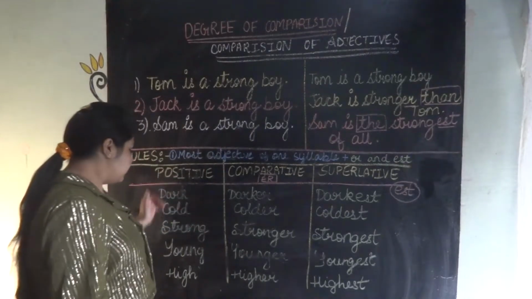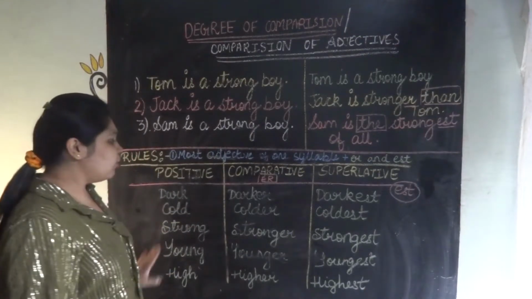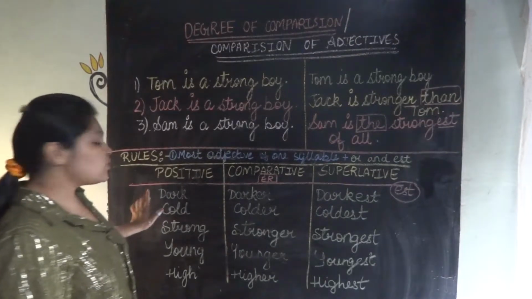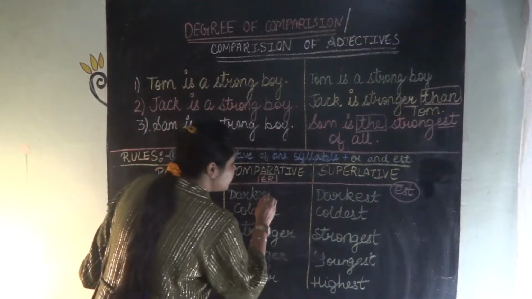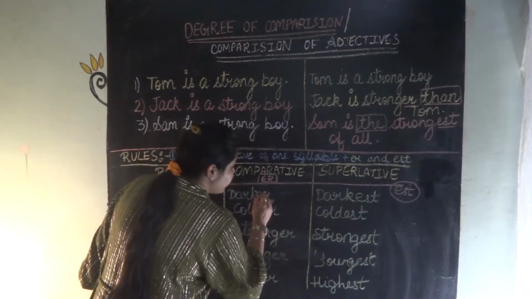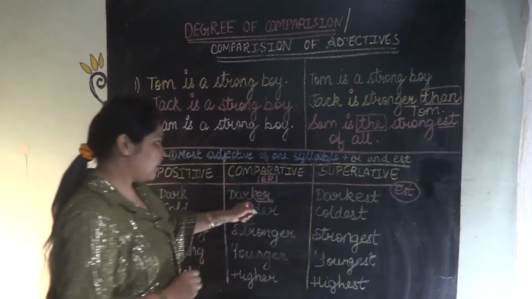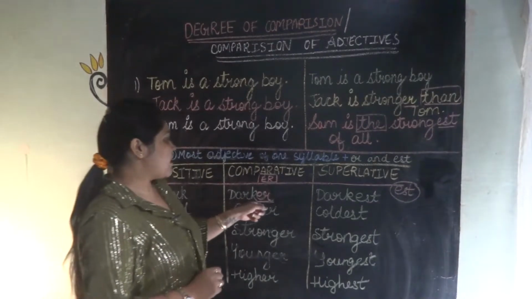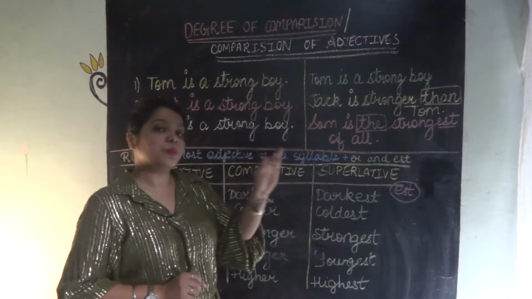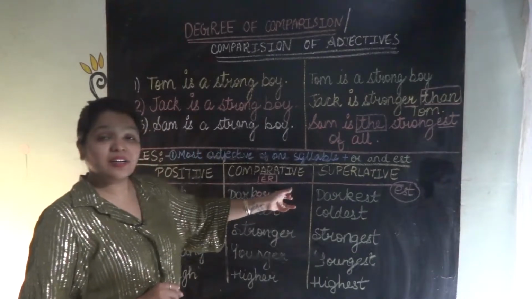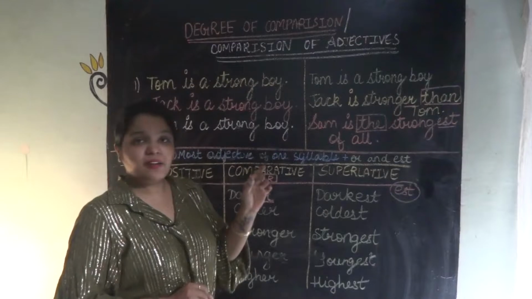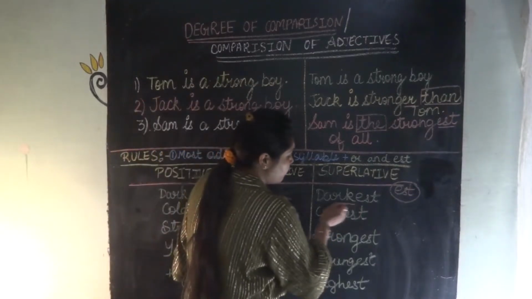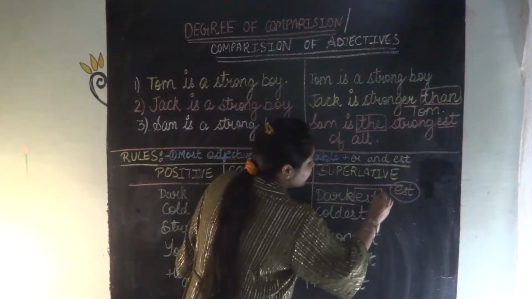First understand, these are the words. In this word, which one is the first word? Dark. What have I added? ER. Spelling is the same. I have just added dark plus ER. It became darker in the comparative degree. And in the superlative degree, dark is the same, and what I have added is EST.